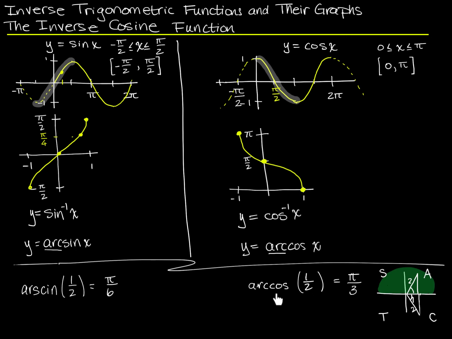But we're talking about arccosine as its own function, and it's not a function if we play with it in quadrant 4. So it has to be this angle here in quadrant 1. So pi over 3 is our answer. Right, the next thing to look at is how to compose cosine with arccosine and arccosine with cosine, but I'll do that on the next screen.